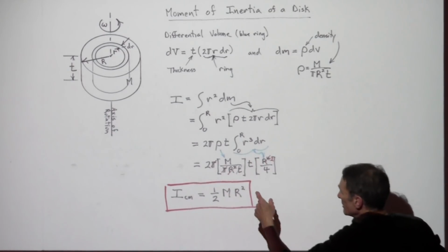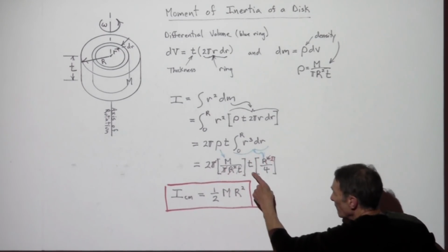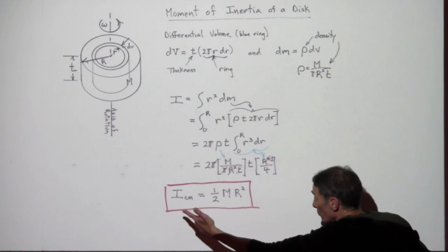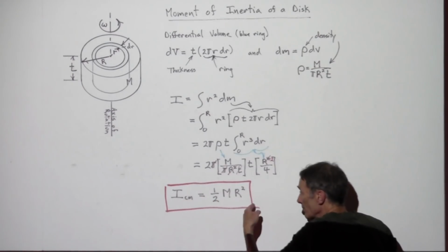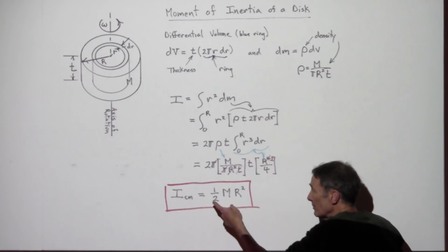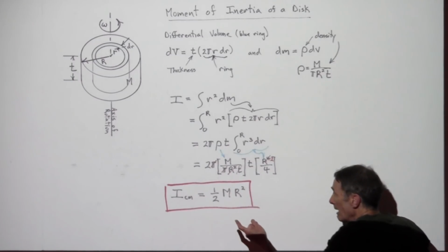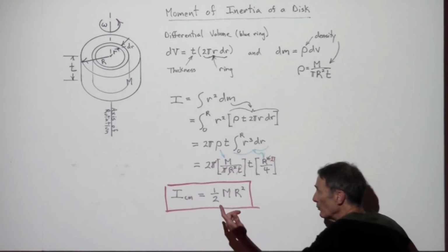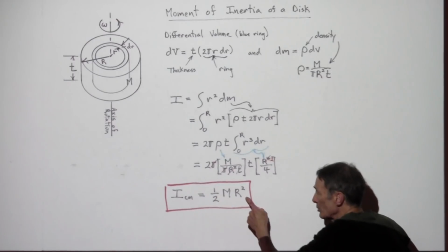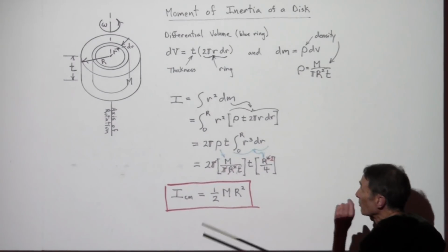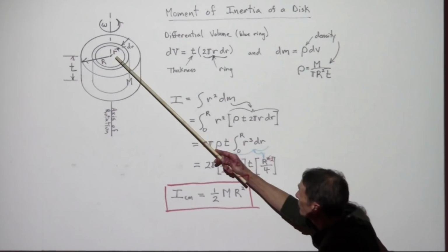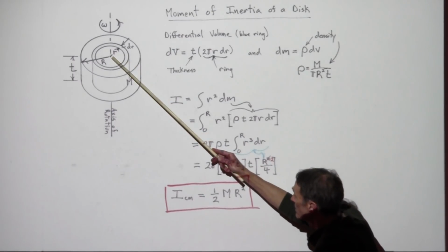I'd like to let you do this for yourself. And then we come up with a relatively simple answer. You've been doing a lot of problems. Disks get used a lot. So you probably pretty well know already it's 1/2 mr squared. But that is the rotational moment of inertia around the center of this thing.